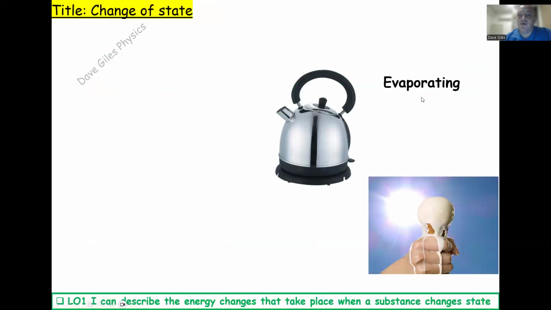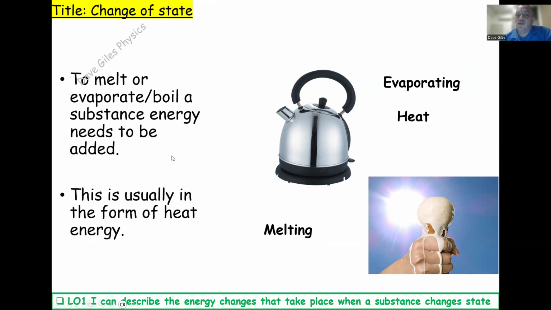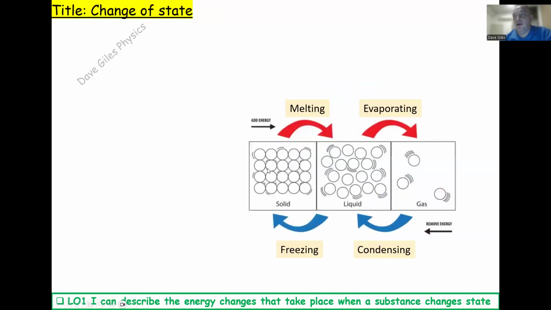Here we're looking at evaporation and melting. They both require heat or thermal energy, so you need to add energy for these processes to happen. You can see here melting and evaporation or boiling, and we'll look at the differences between the two a little bit later.